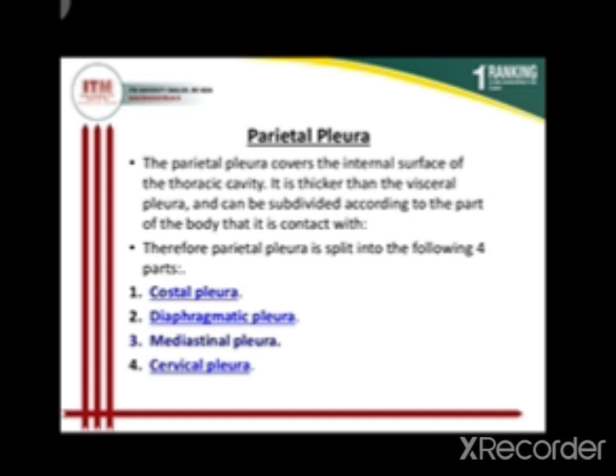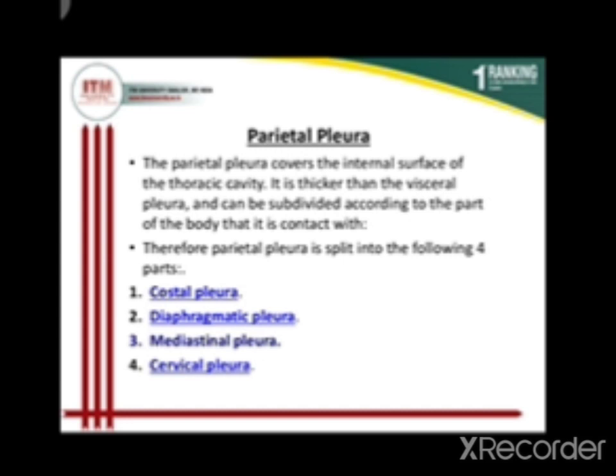The visceral pleura is thinner, and the parietal pleura is thicker, and it can be subdivided according to the part of the body that it contacts. So the parietal pleura is divided into various parts according to the part of the body into which it is connected.